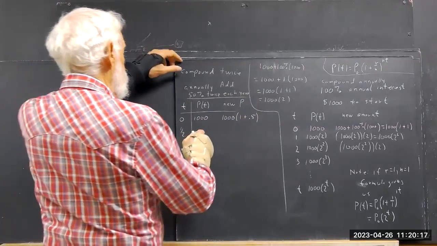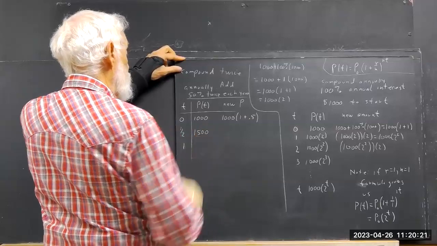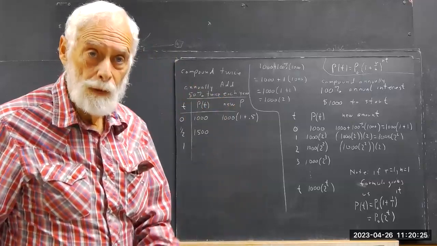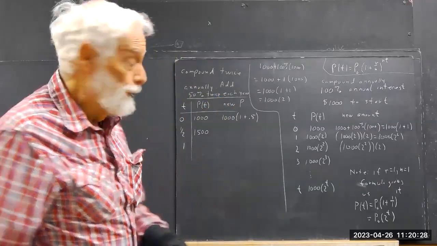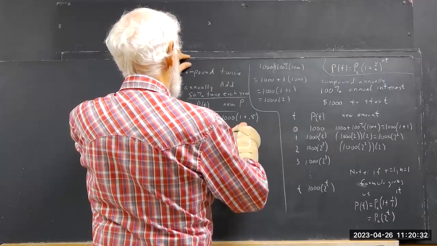And that's going to be 1,500. Well, we add 50% again, you get our amount at the end of the year. So that's going to give us 1,500.